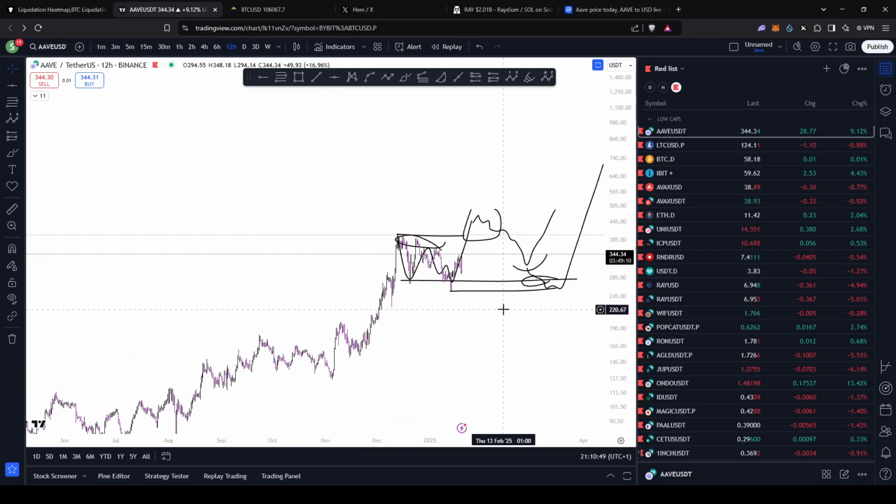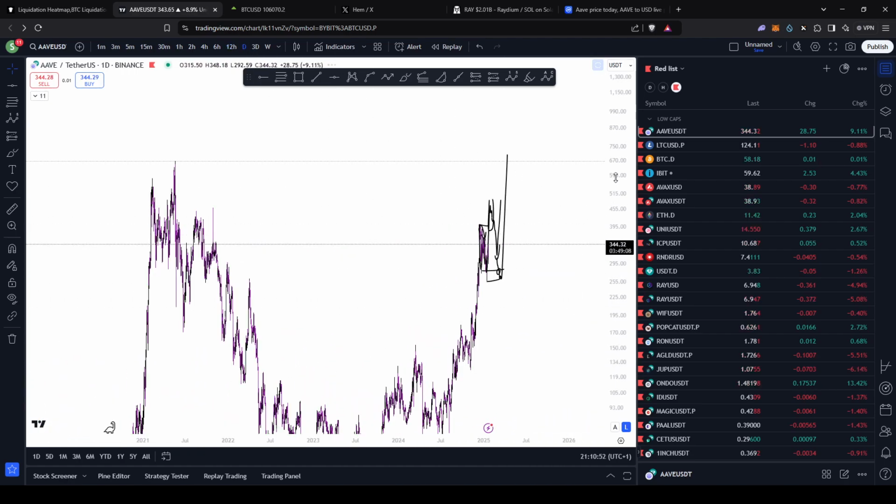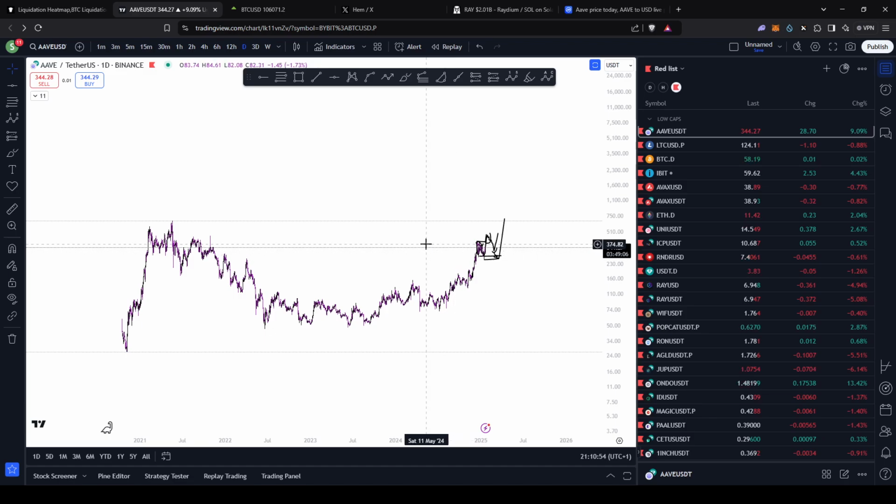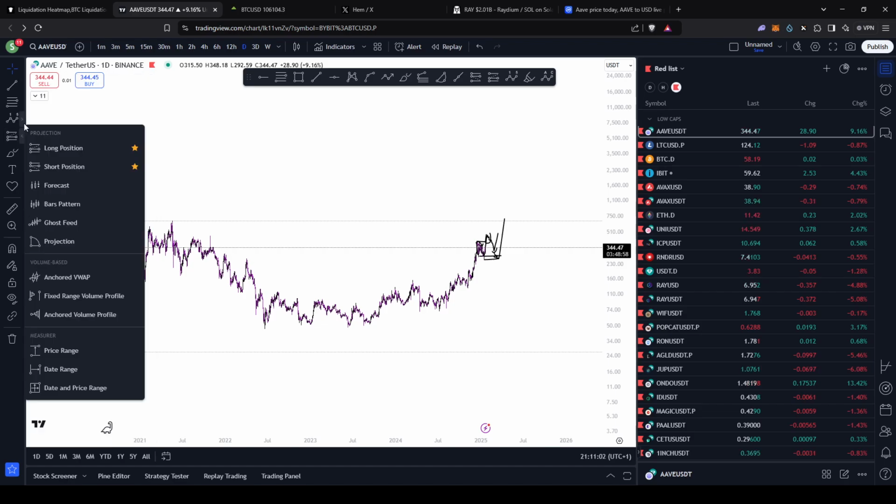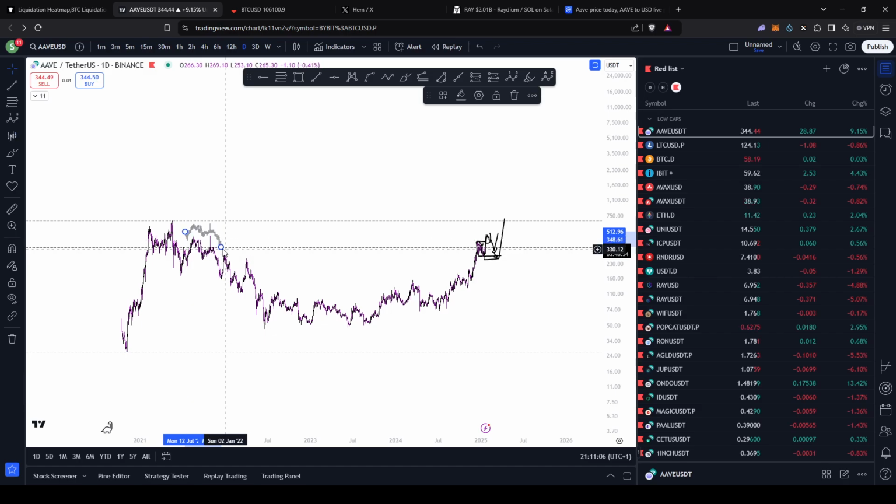These are things that can take time. Higher time frame structure with patience is very bullish. You basically take this. Let's have a look.